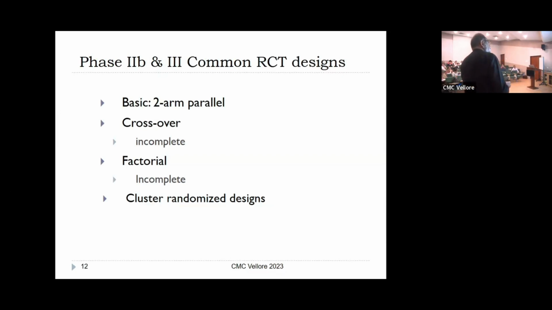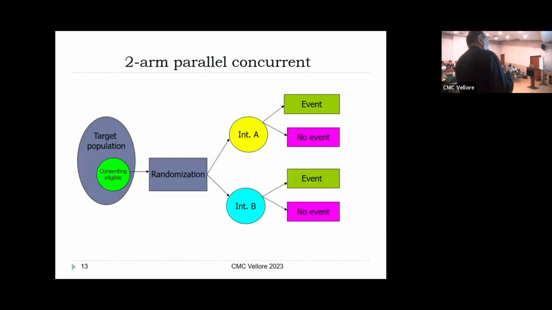The standard one is what we call the parallel design. Why? Because the two interventions are being given at the same time in parallel. And this is one of the specific design issues, and that is that you are interested in studying people with a particular condition.